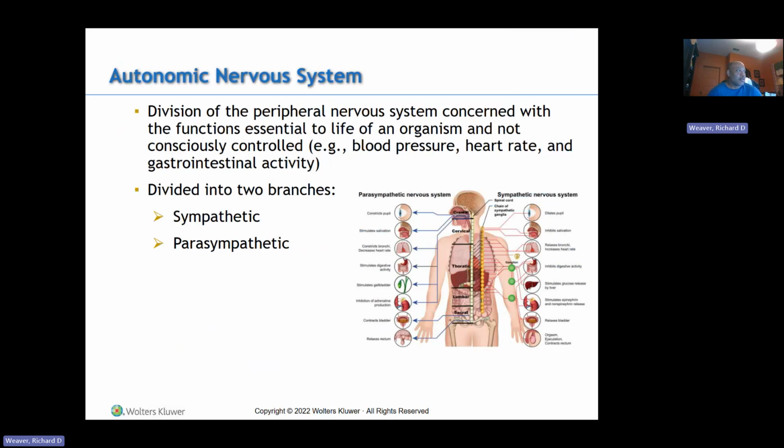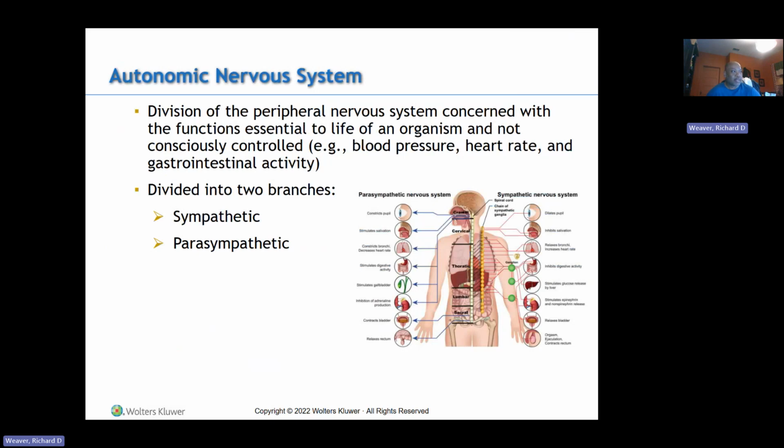As you can see here, this is the division of the peripheral nervous system that is concerned with the functions essential to life of an individual, and not consciously controlled. You don't control your blood pressure or your heart rate, for the most part. Gastrointestinal activities, your body does these things automatically. And the nervous system is involved in that process.